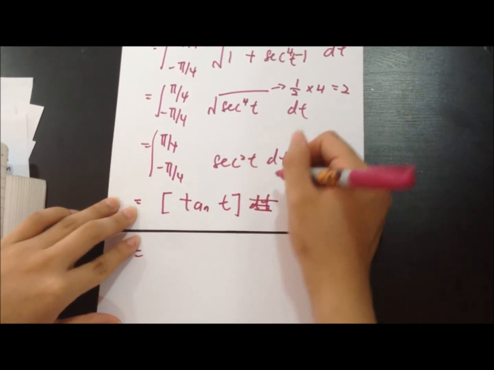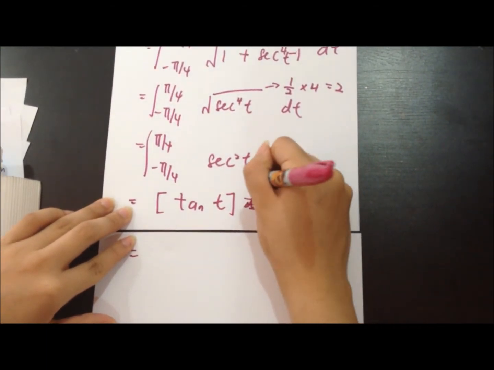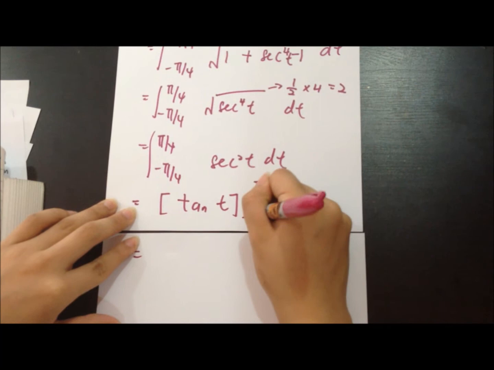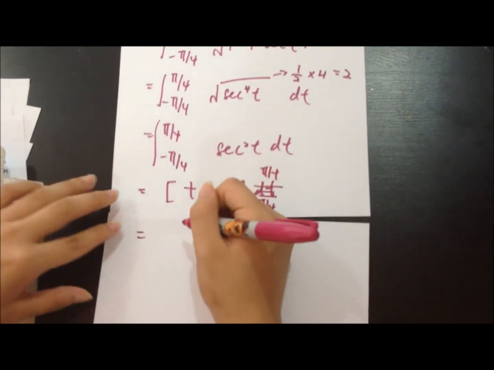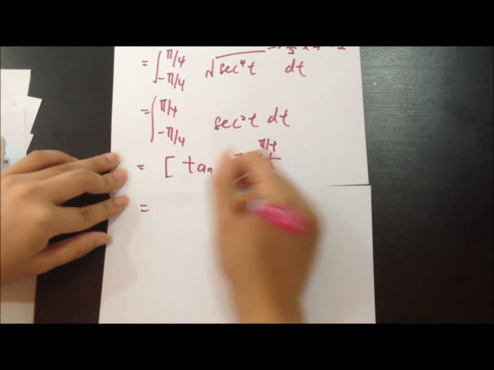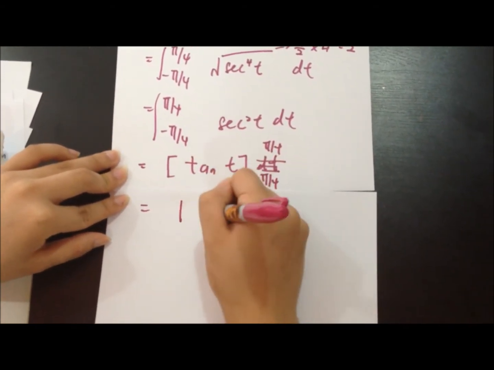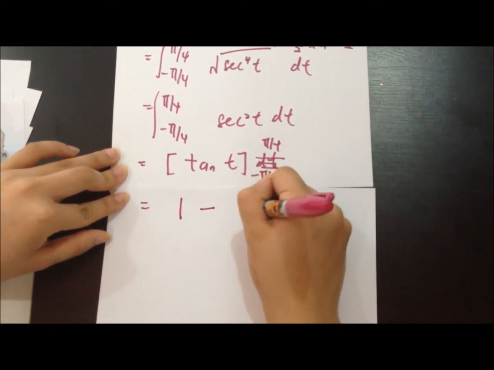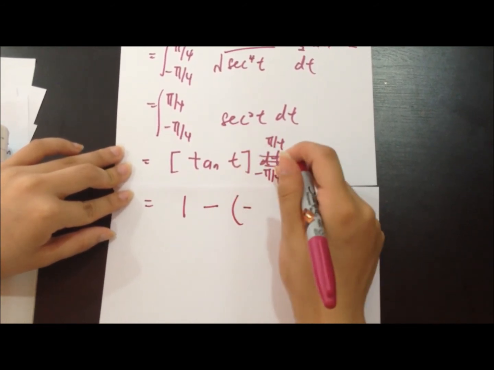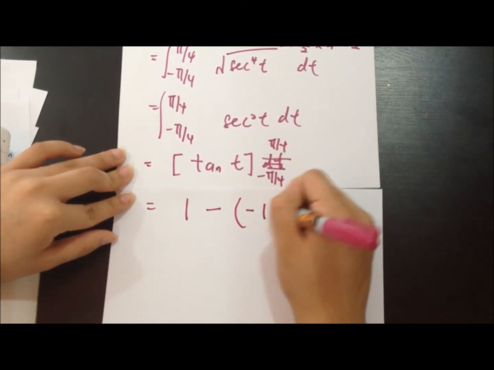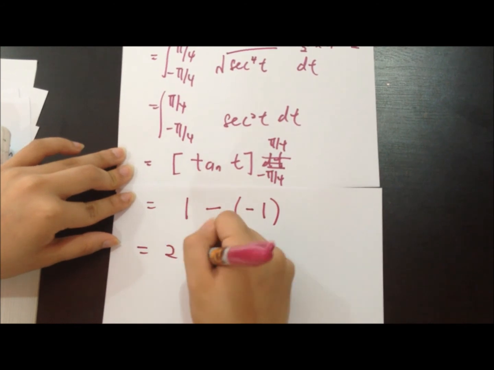The range is pi over 4 to minus pi over 4. Then tangent pi over 4 is equal to 1, minus tangent negative pi over 4 is minus 1. So straight away we get the answer, which is 2.